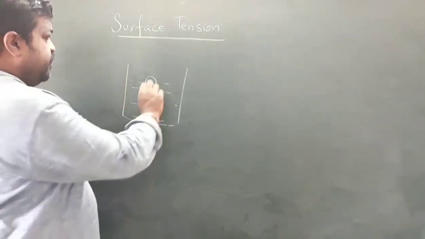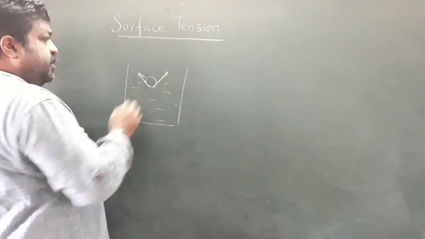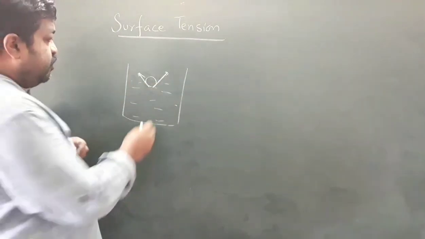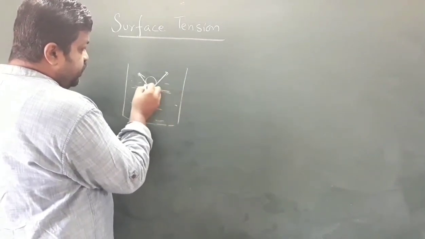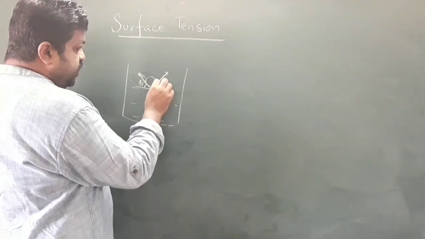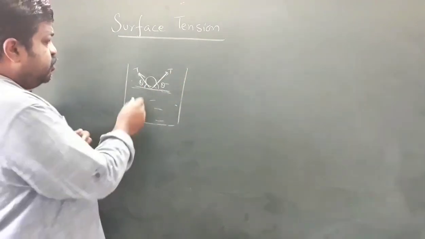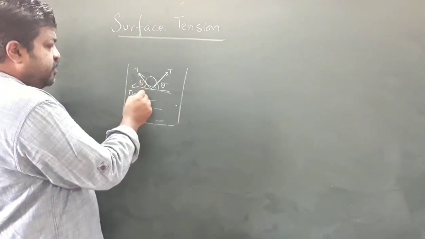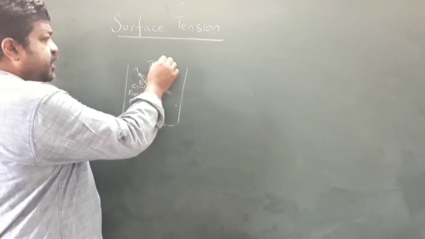So these molecules will exert a force in this direction. They will also exert a force in this direction. Now suppose this angle is theta, this angle is also theta. So this is the surface tension T. This will be T cos theta, and in the vertical direction you will have T sin theta.